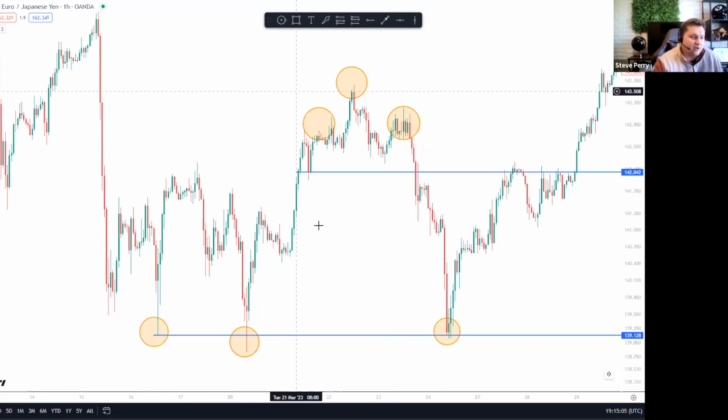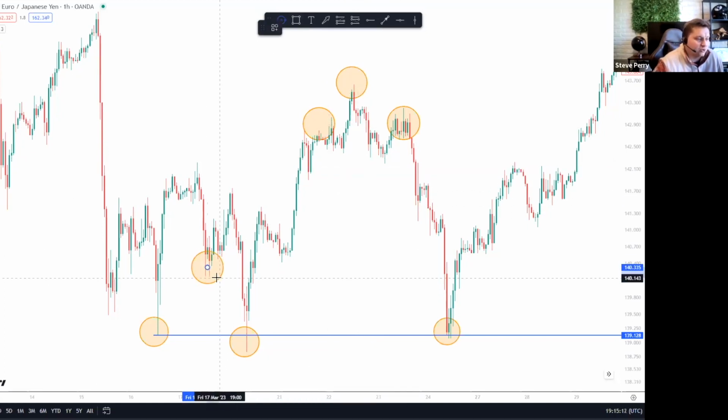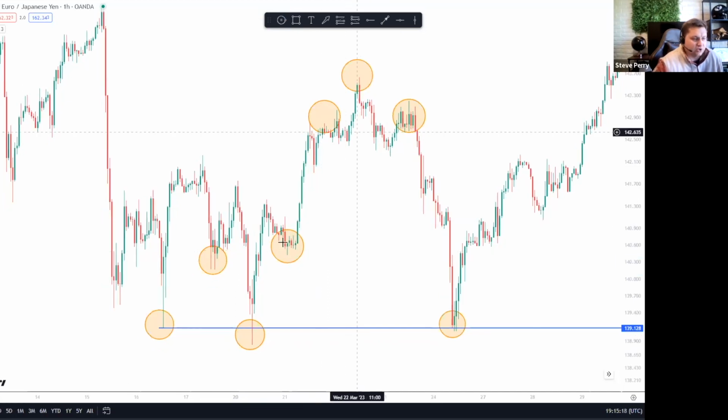So we found a pattern here. Here's another pattern. This thing is jam packed with them. Here's another one. This is a reverse head and shoulders right here. So right there, you can see it's the same exact thing, just on the opposite side.